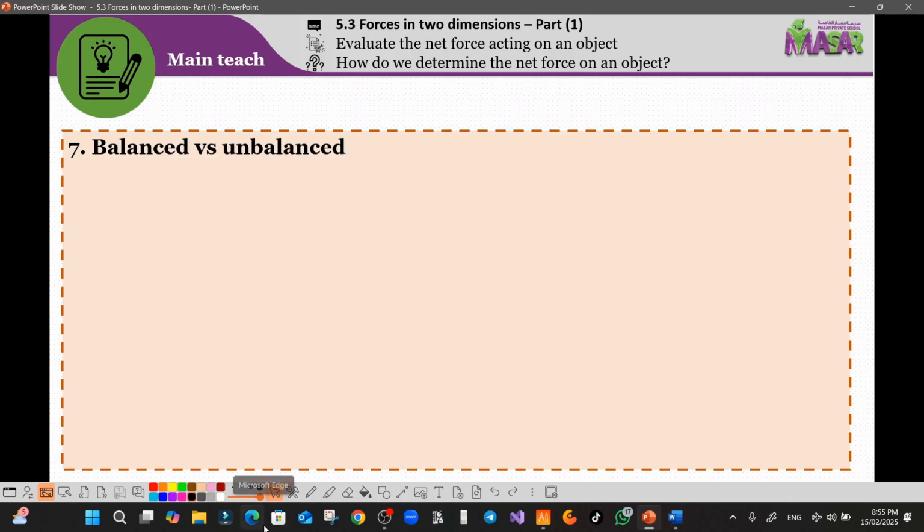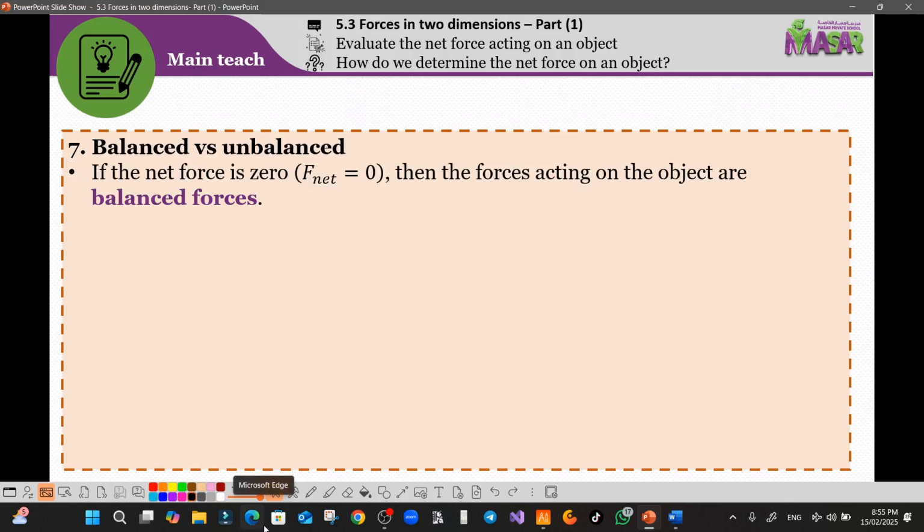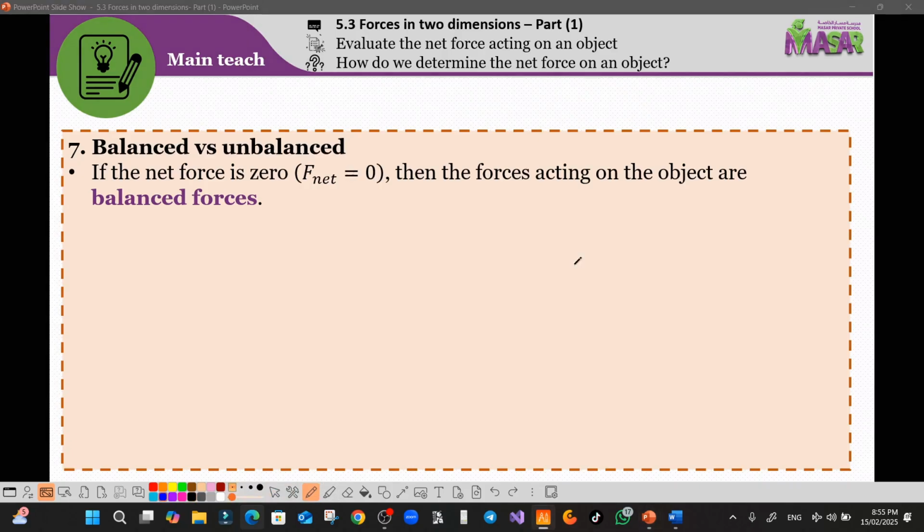Now the balanced and unbalanced forces. If the net force is zero, and this is what we saw in the first application, we found that the F net is zero, then the forces acting on the object are balanced forces. Now we have two types of balanced forces in this situation.